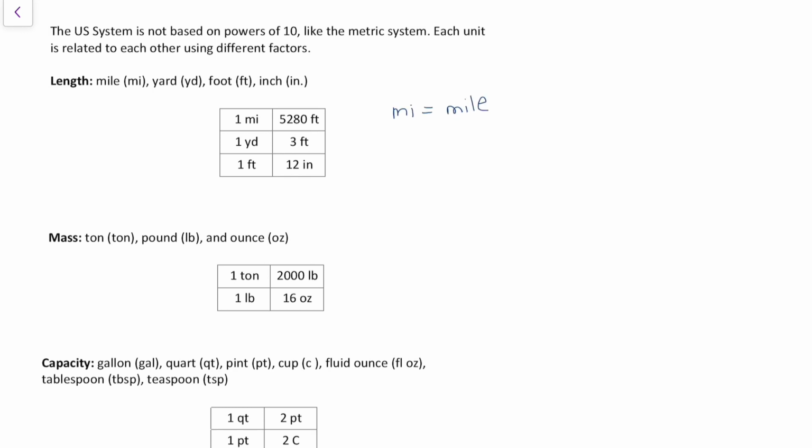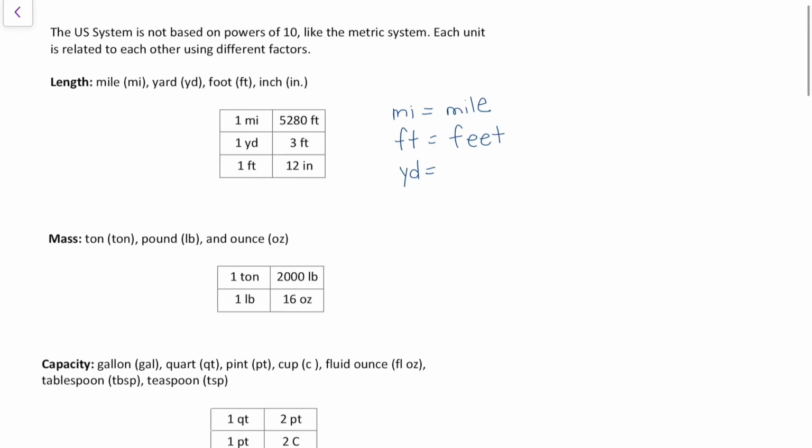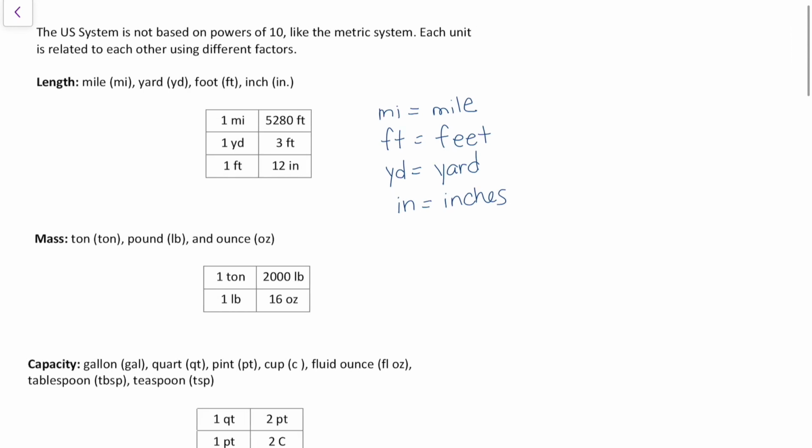MI is mile, FT is feet or foot, YD is yard, and IN is inches.